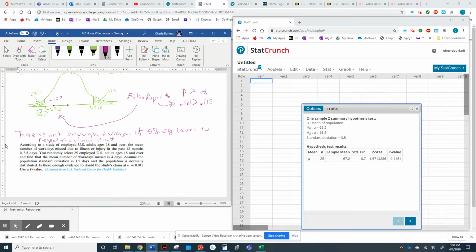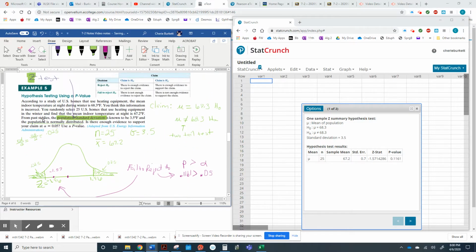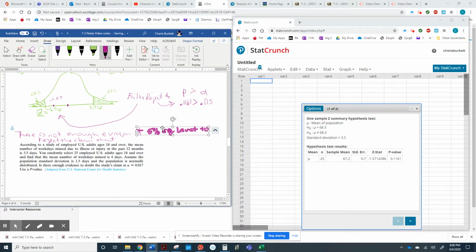that the average indoor temperature at night is 68.3.